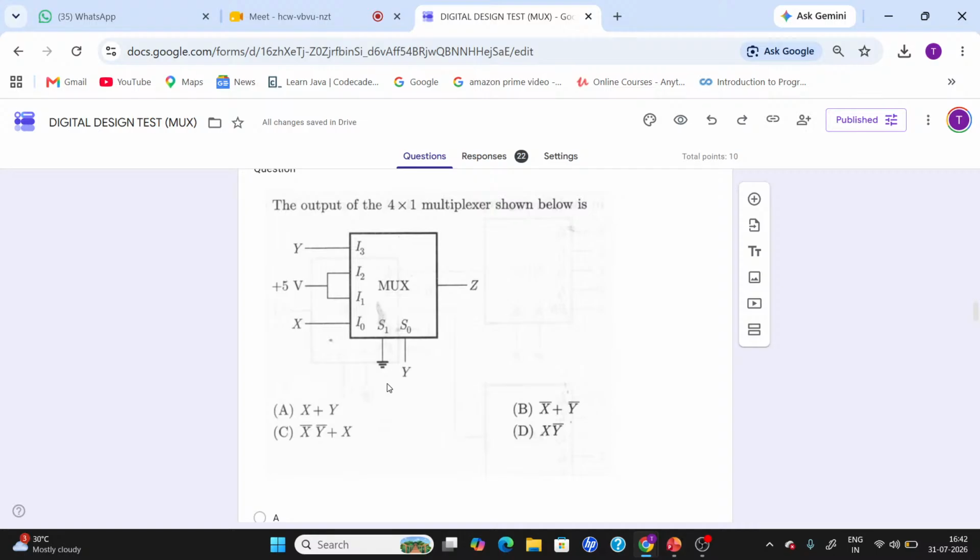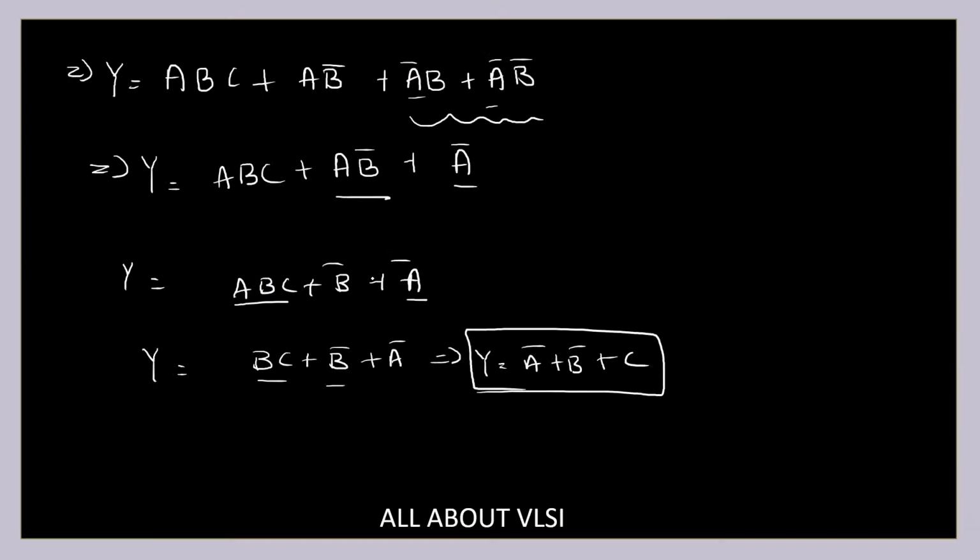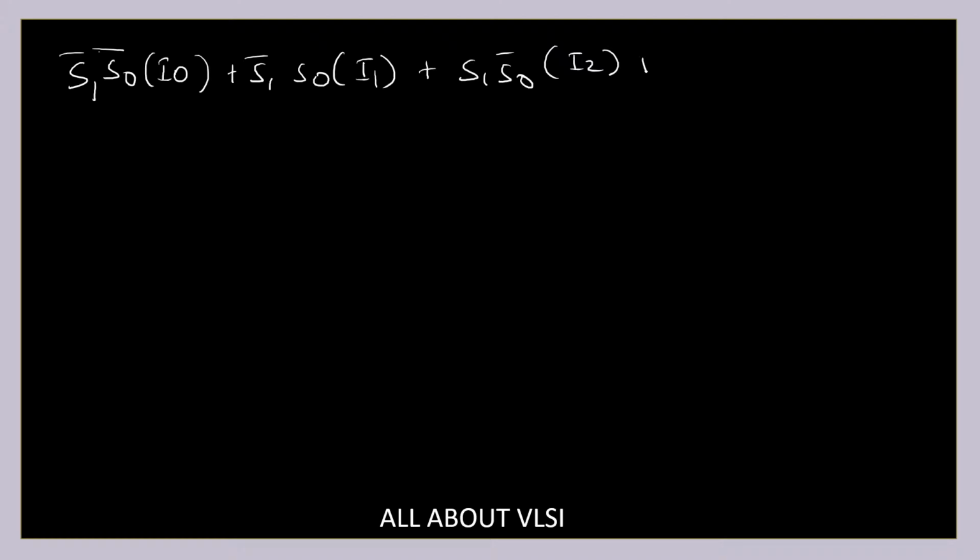Okay. And what we can do, again, I can take the Shannon's expression. So here I'm going to have the Shannon's expression written: S1 complement into S0 complement into I0 plus S1 bar S0 into I1 plus S1 S0 into I2 plus S1 S0 into I3.